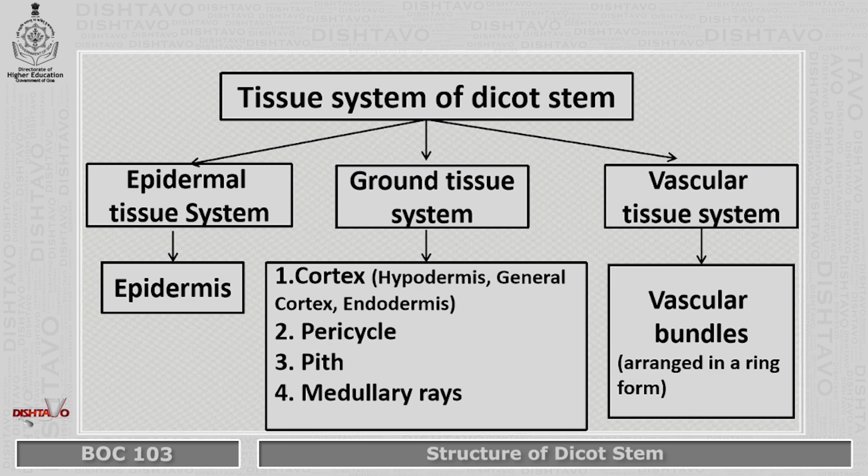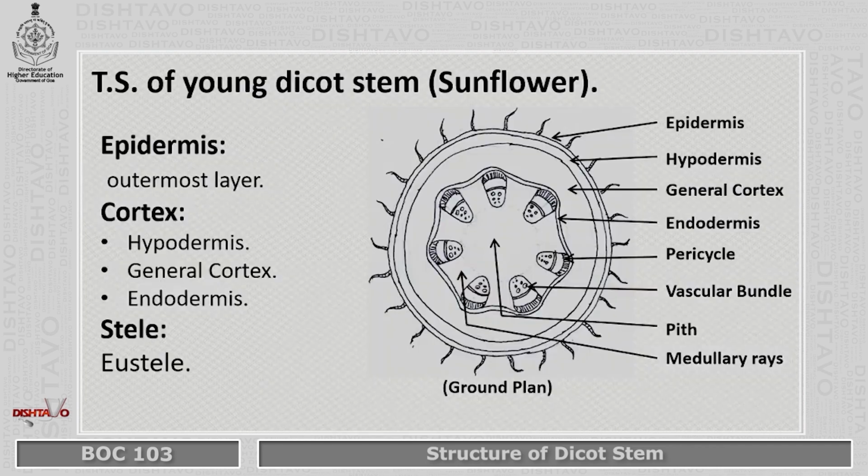In cortex, we see distinct hypodermis, middle layers of general cortex, and inner layer of endodermis. When we look at vascular tissue system, we see vascular bundles which are arranged in a very peculiar way. That is, they are arranged in a ring form. This is one of the striking characters of the dicot stem.